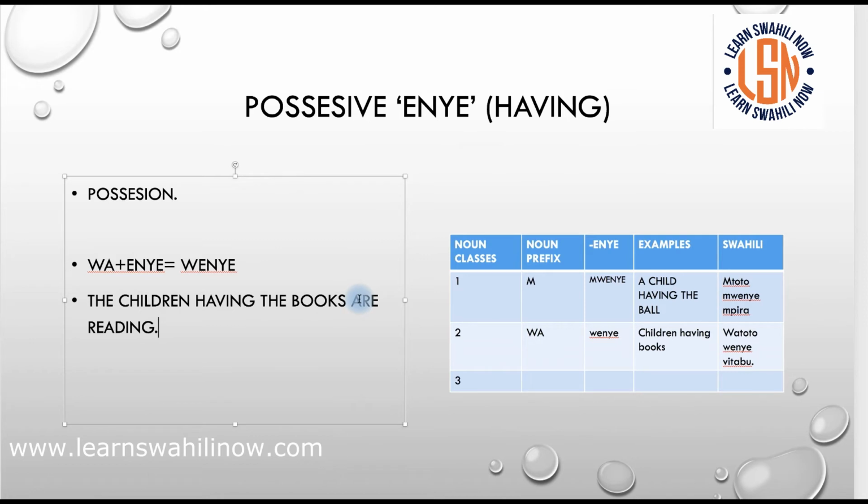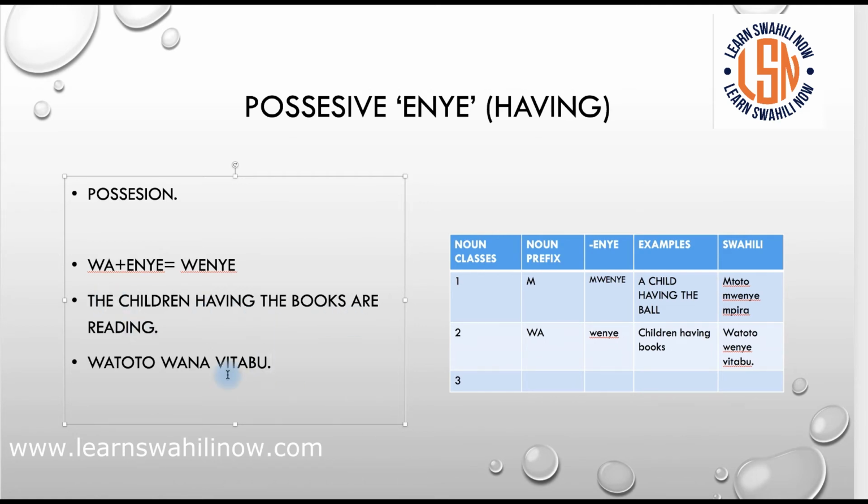So that is why we are using having as opposed to just have. If I just wanted to say the children have books, I would say watoto wana vitabu, okay? But that's not what the concept is. This concept is you're trying to say a specific thing or person has a particular thing, and something else about them. So let us try that.